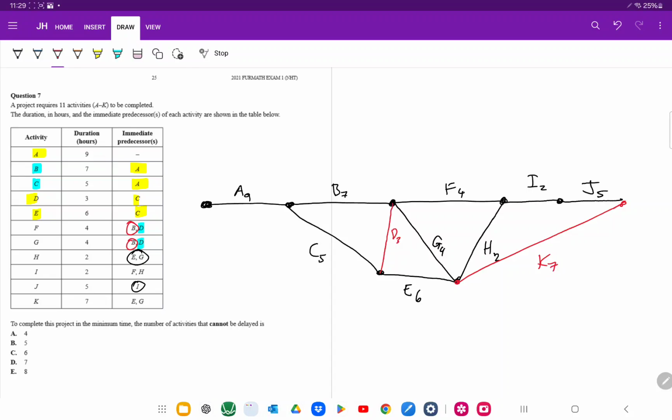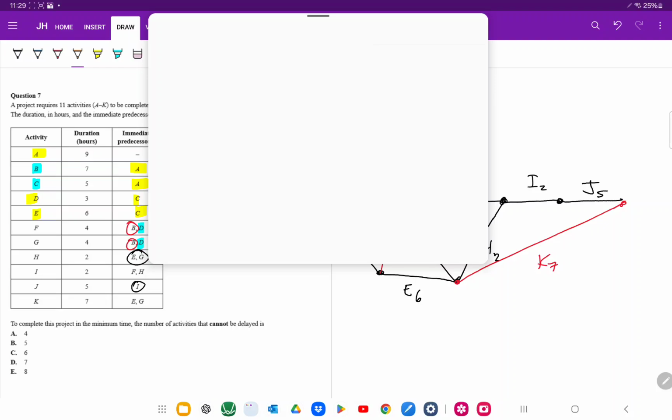So in this case, it's really asking us how many activities are on the critical path. And if you go through crashing in this case, let's do it. So we get 0, 0. Sorry.